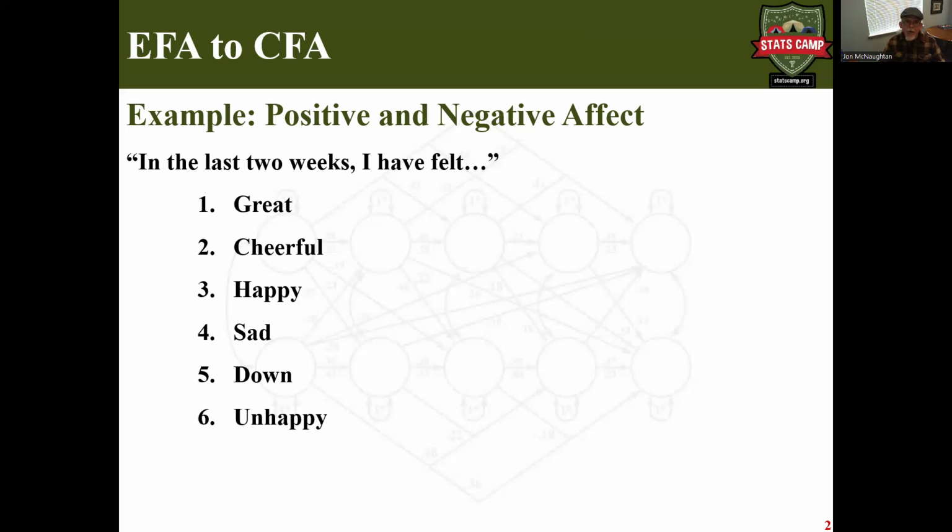And the idea behind confirmatory factor analysis is to confirm that these items do indeed correlate with one another to a sufficient degree that I have a reasonable sense that I am measuring this thing called positive affect and this other thing called negative affect.